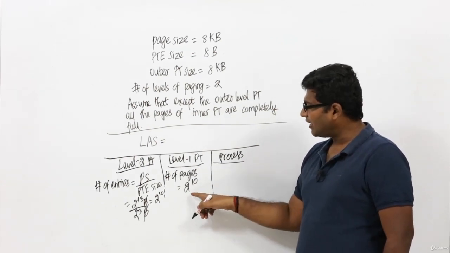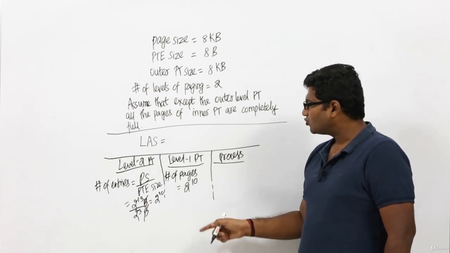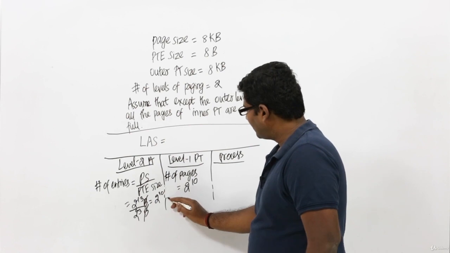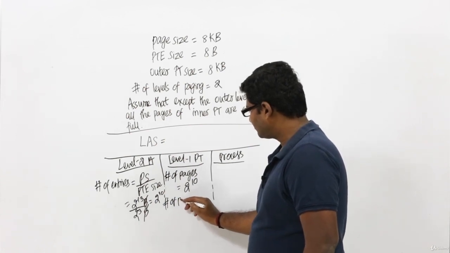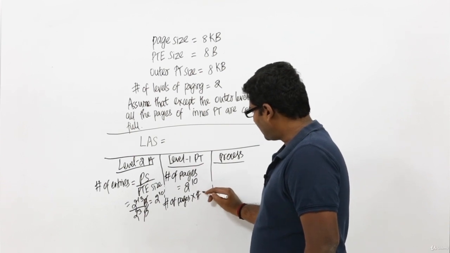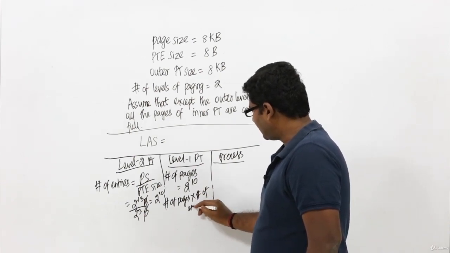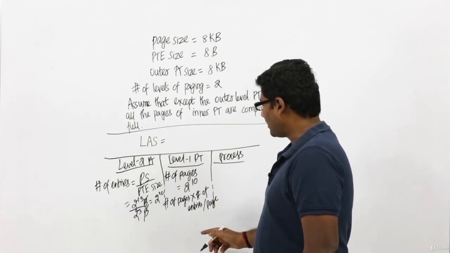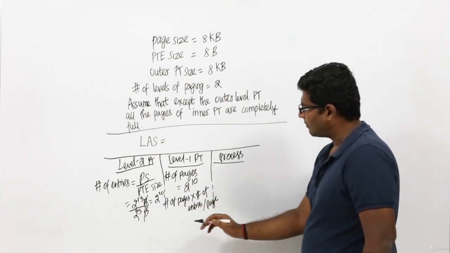And every page will have 2 power 10 entries, right? So the total number of entries in level 1 page table is nothing but number of pages into number of entries per page, right? Number of pages into number of entries per page.